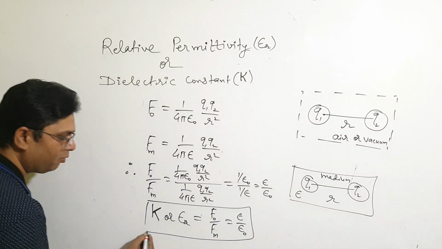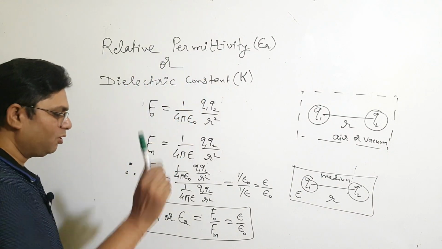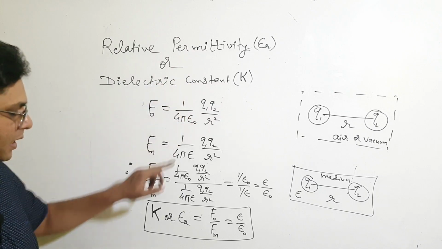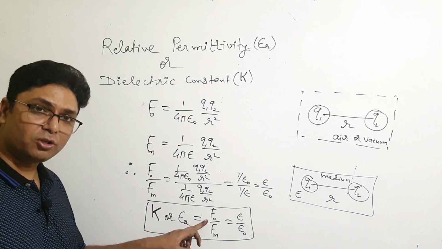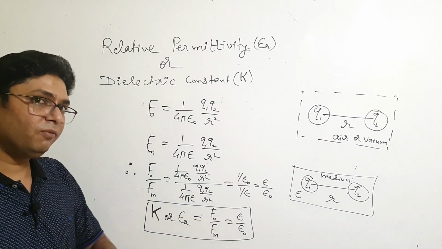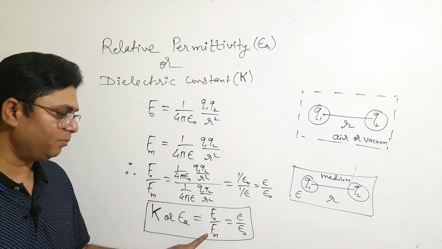So how are we going to define relative permittivity or dielectric constant? Relative permittivity or dielectric constant is the ratio of force between two charges in vacuum to the force between same charges having same separation in a medium.